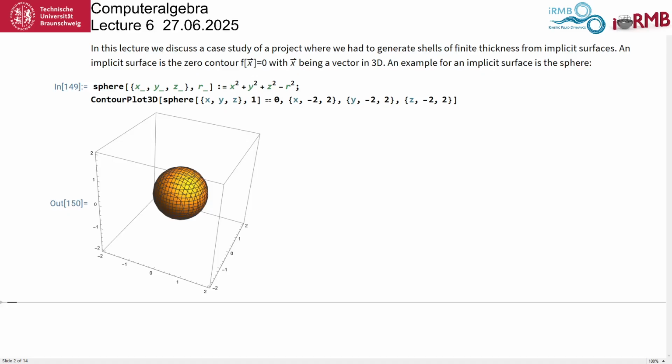And this can be done not only for this simple sphere, but also for more complicated objects, even though the implicit function can become very complicated, because it is a global representation of the object. So the function everywhere includes the information on everything here.